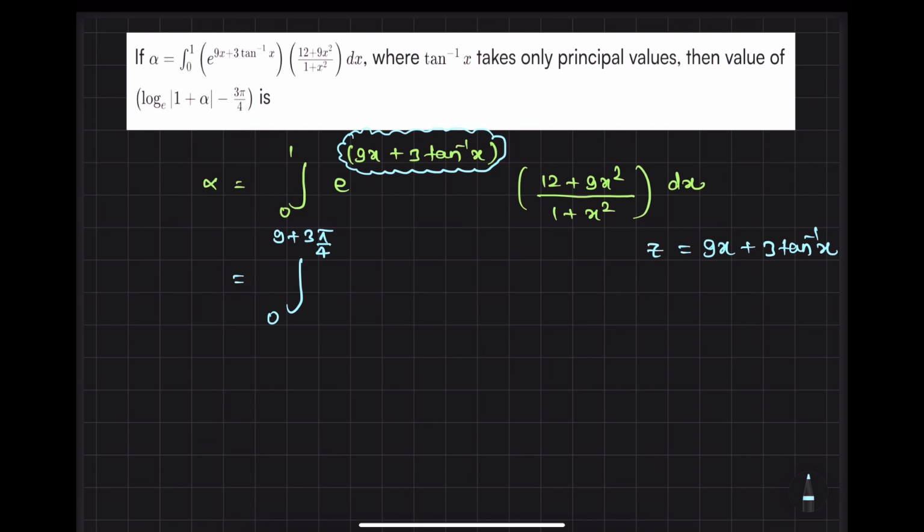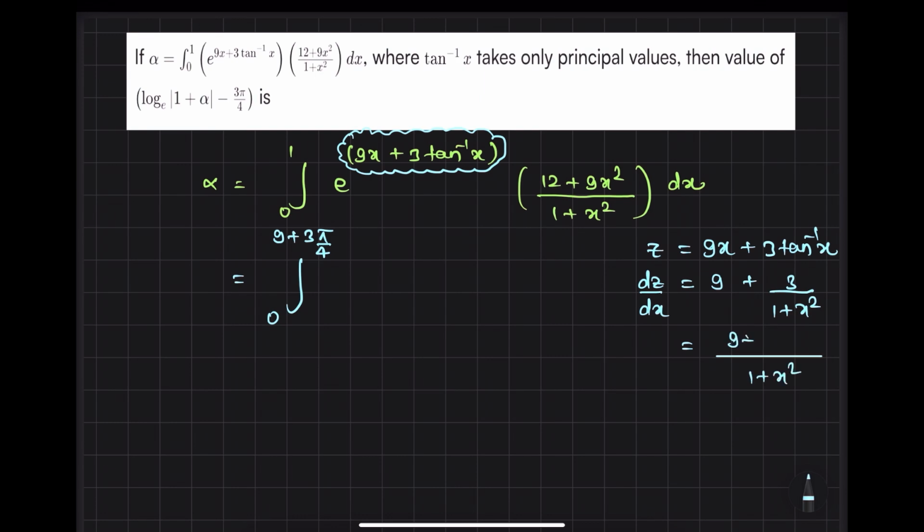Now let's do the differentiation. Let's manipulate the question now. So it is dz by dx. What is the differentiation of 9x? It's 9. What is the differentiation of 3 tan inverse x? It is 3 upon 1 plus x square. Correct? Now let's do the simplification. The LCM is 1 plus x square.